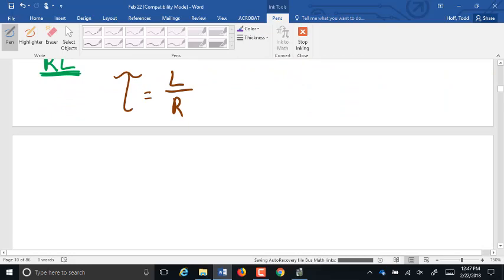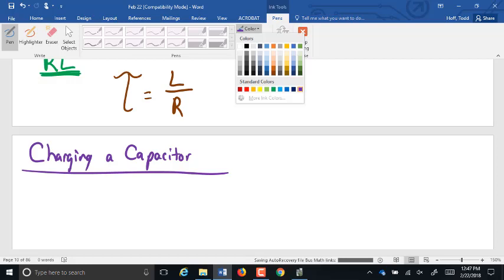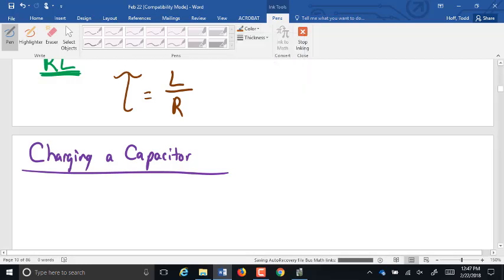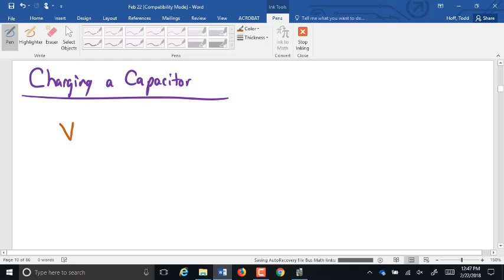So if we're looking at charging a capacitor, the voltage on that capacitor as we charge it, the voltage with a little c there, that's the voltage on the capacitor, is equal to big V, which is the voltage of the voltage source, times 1 minus e to the negative time over tau.